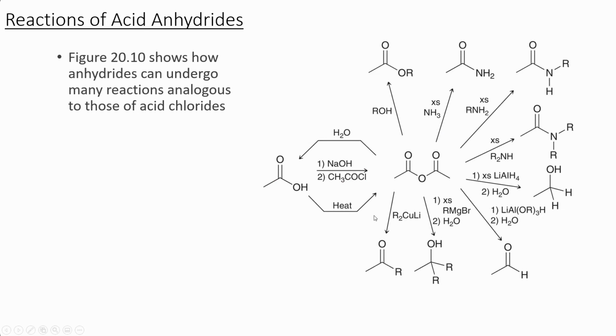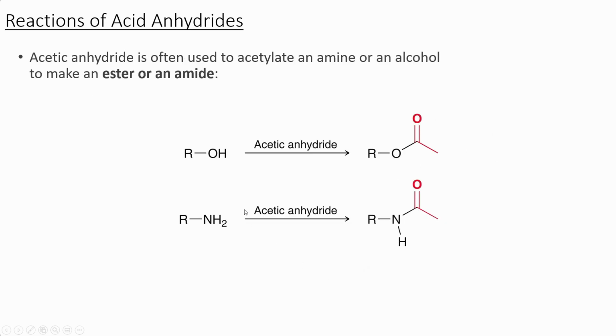So we won't go through all of the reactions that an anhydride can undergo because they're analogous to the reactions of an acid chloride. We can take an anhydride and convert it to all of these same products as well as reduce it. We can use acid anhydrides to acetylate an amine or an alcohol into an amide and an ester.